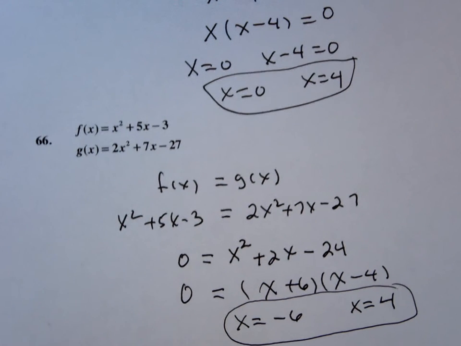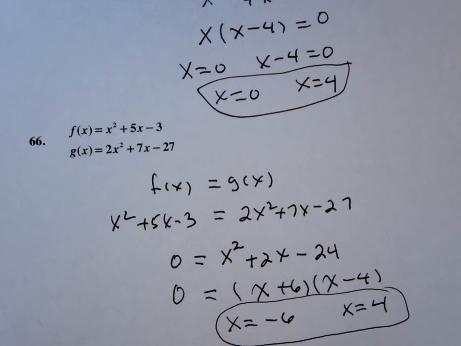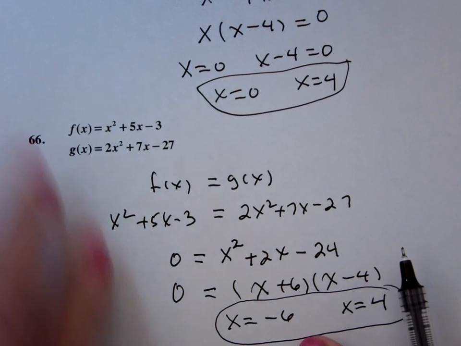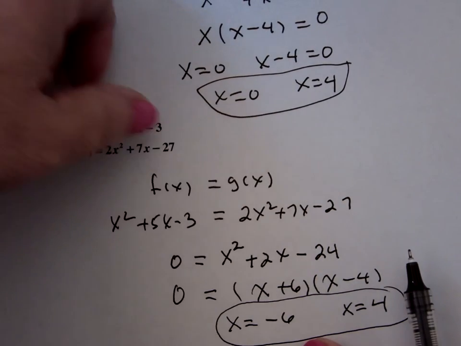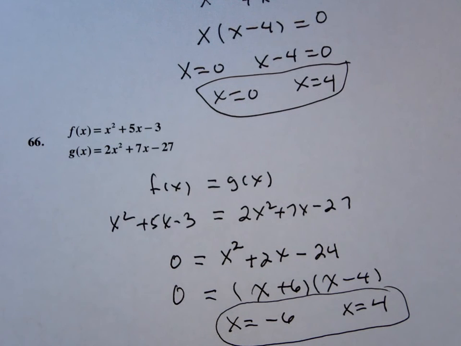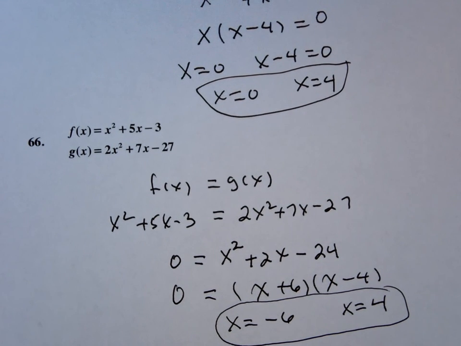Now those are the two x values. And then if I want to find the y value, I could go back to either one of these original functions to find the y value. But that would be the shared x and y, because it's the intersection of the two graphs.